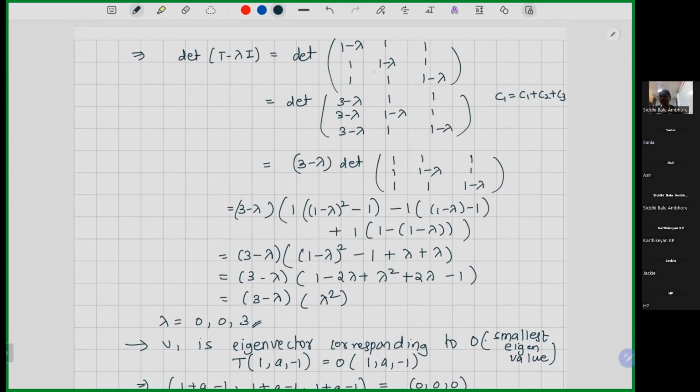If all the 3 rows add up to the same number, we just club them and take that number common, and we get one row with 1, 1, 1, and we can calculate the determinant with respect to that column, or in this case row and column are the same, so it doesn't matter. This 3 minus lambda I took common from the first. Here we are finding the eigenvalues, right? Yes, sir. Okay.